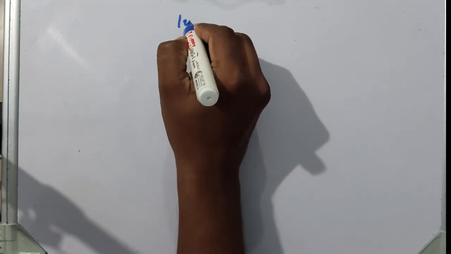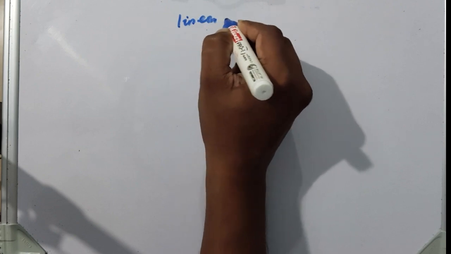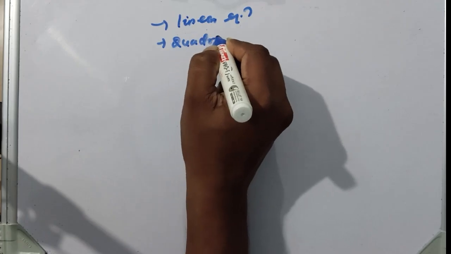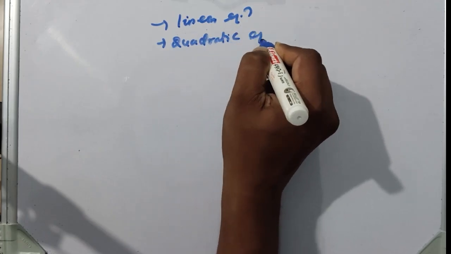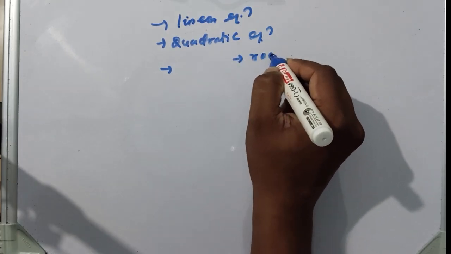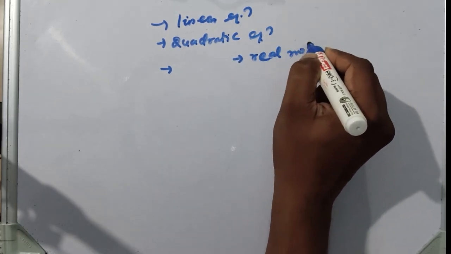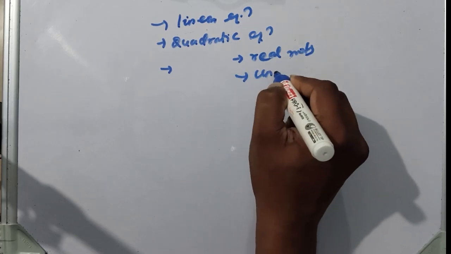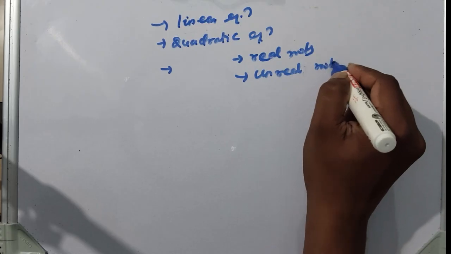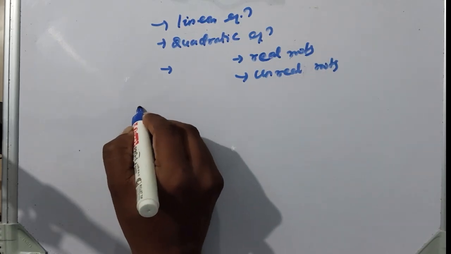So after understanding what a linear equation and a quadratic equation are, and under this real roots and unreal roots, now come to imagine what is a complex number.